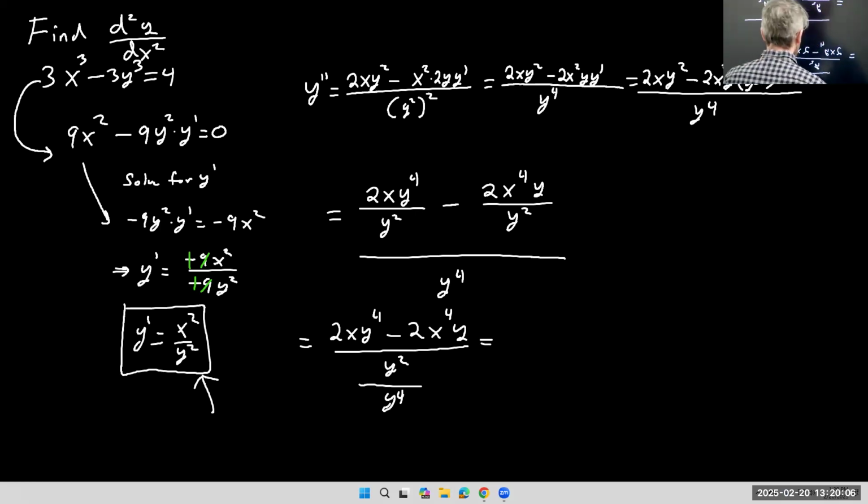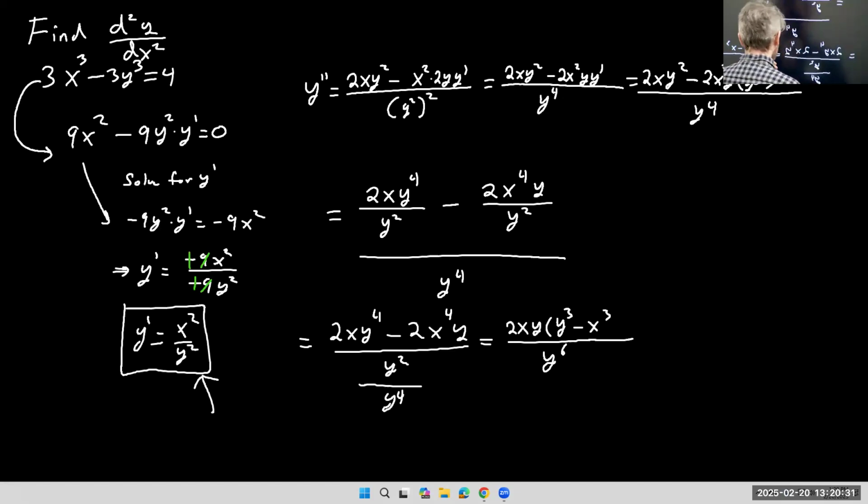Okay, so I can do some factoring and condensing it. Everybody has a 2 on the top, everybody has an x on the top, and everybody has a y. So who did I leave behind? I left behind a y to the third, an x to the third, and then y squared divided by y to the fourth in this way would be y to the sixth, because it's going to be y squared times y to the fourth.